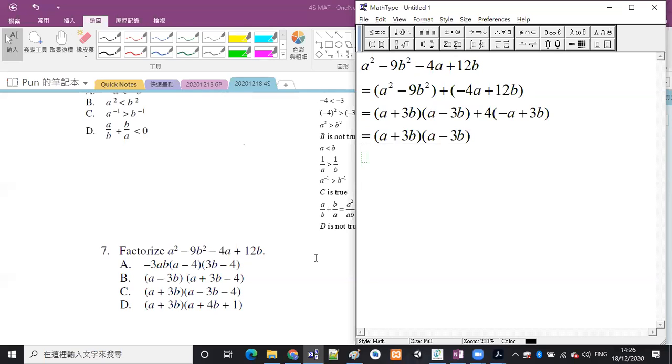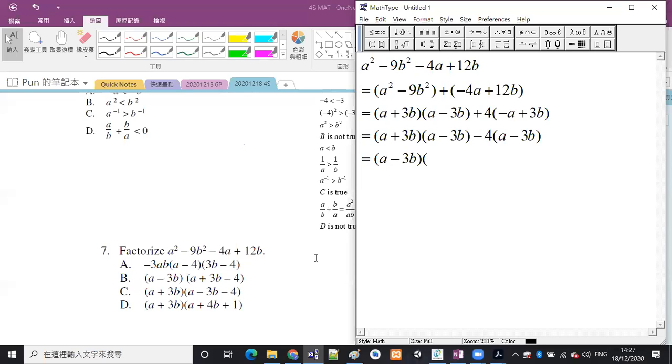Okay, so if all the terms are having the signs being opposite, then we just take out a negative sign from the second group. Okay, the minus a becomes positive a, plus 3b becomes minus 3b. Okay, and then we will have another layer of common factor. The common factor is a minus 3b at this step. So we take out the common factor, a minus 3b, and then open the bracket and write down the remaining factors.